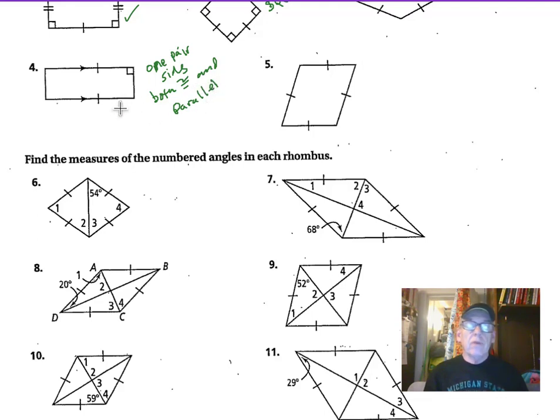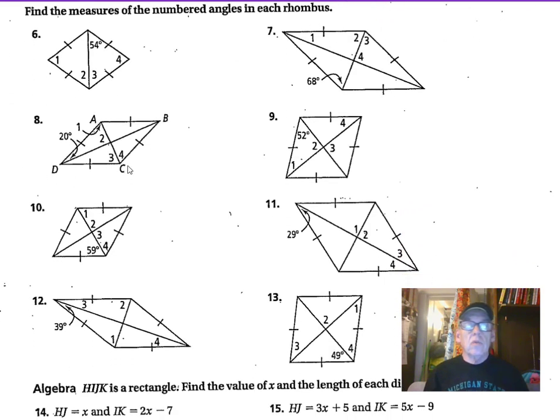And that's one of the properties that parallelograms have. And then the other thing that we have going on is this one right angle here makes it a rectangle. So a rectangle is a parallelogram that has a right angle. Number 5, these are all marked as congruent, so that makes it a rhombus. Okay.